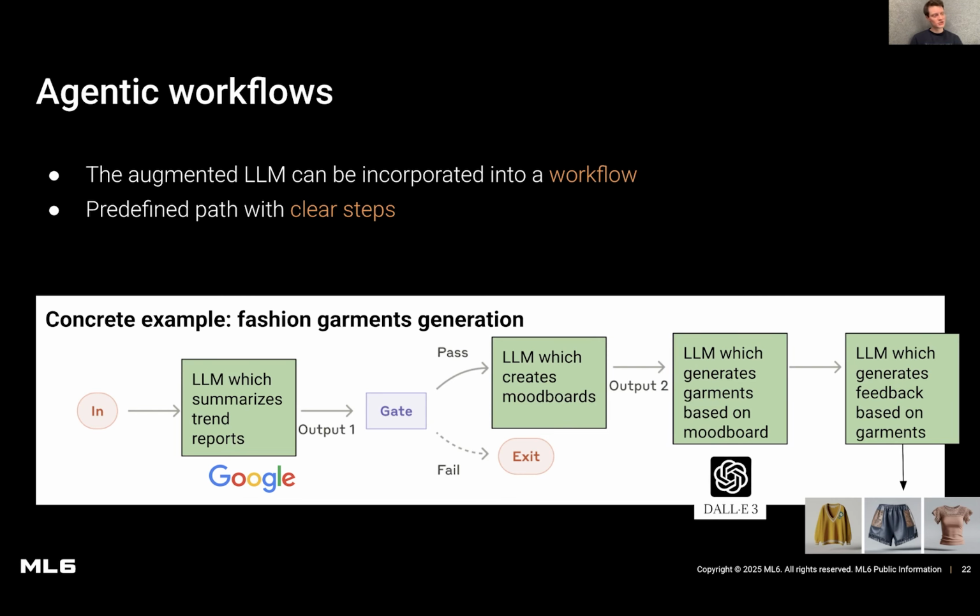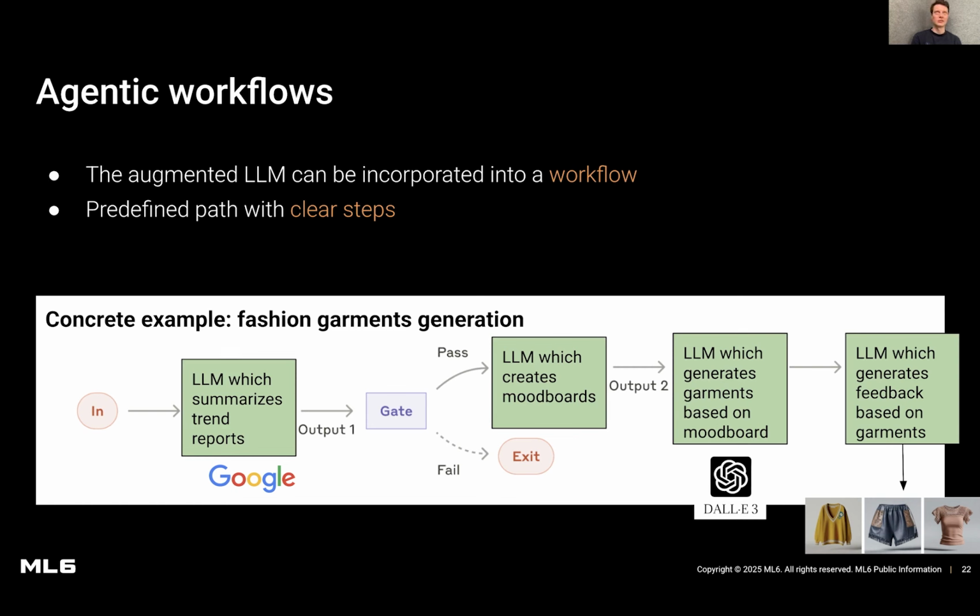Once we have done that, we pass it to a second step, which is another LLM call, where it takes in those summarized trends and generates what are called mood boards. Mood boards are a kind of inspiration deck from which other people can then start to design clothes. Then in the third step, once the second LLM has created the mood boards, a third LLM takes in that mood board and generates textual descriptions of fashion garments.